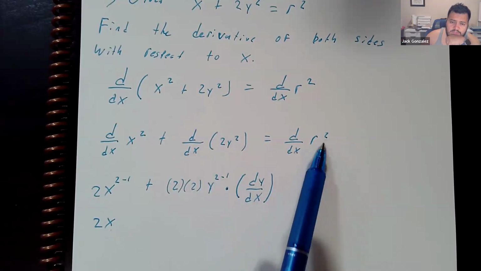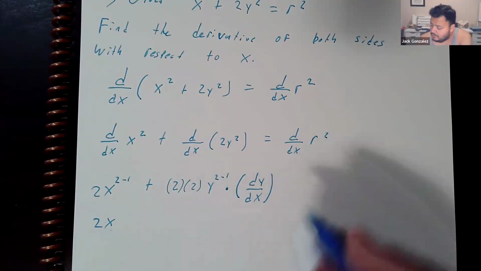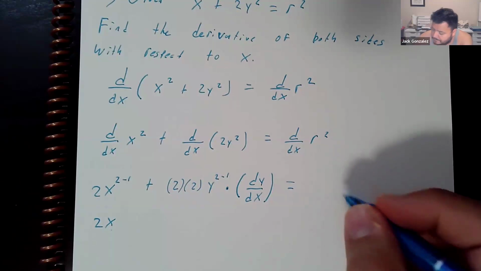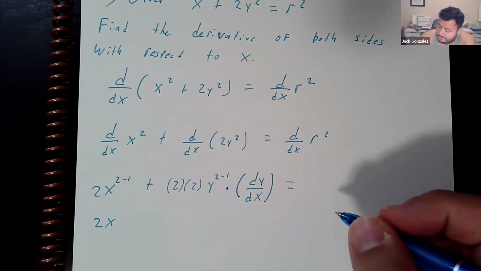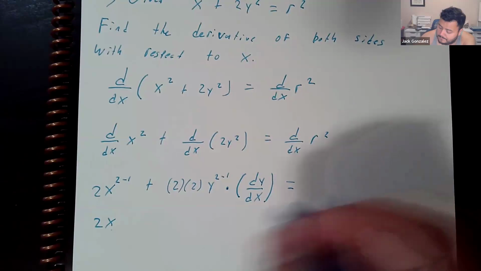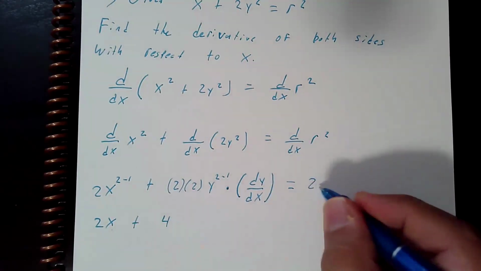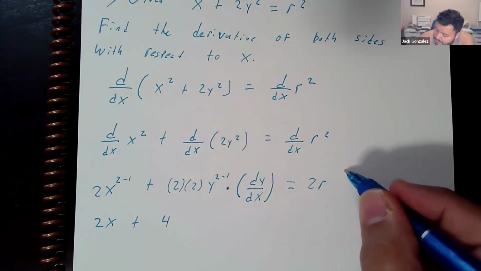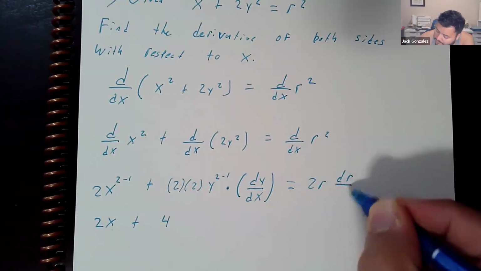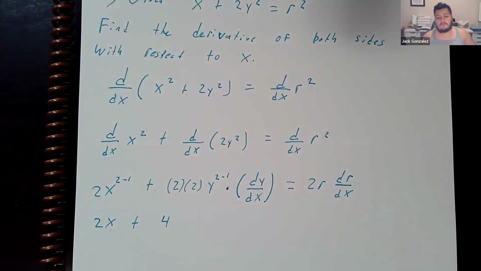See how this one doesn't match either, right? So what do you think this one's going to be? 2r times dy dx. It's close. dr dx. So see how it's all the same?